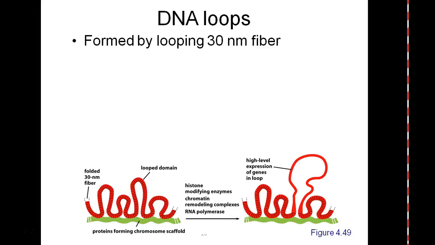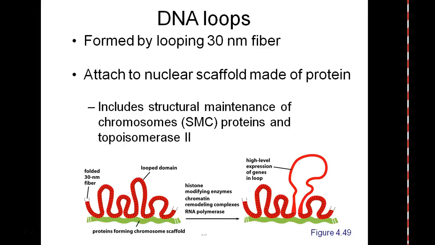And DNA loops. Those 30 nanometer fibers form a higher level of organization, loops. Here we can see the loops, and they are called loop domains. They attach to the nuclear scaffold. This green thing is the proteins forming a chromosome scaffold. They are attached in order to maintain the loop domain structure.